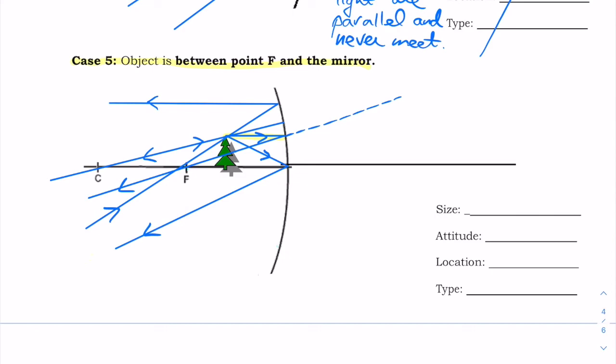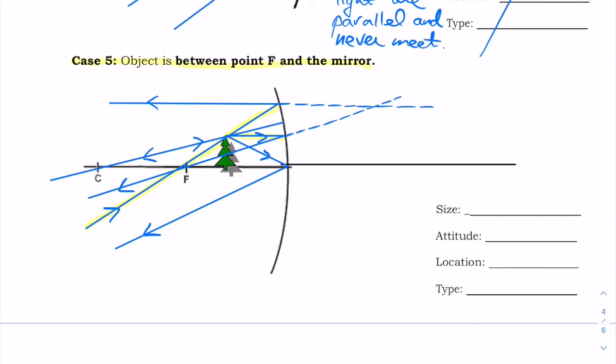The second ray of light that I drew was the one that passed through the focal point, reflected off the mirror, and came out parallel to the principal axis. Just draw a dotted line for the reflected ray of light behind like so. And you can already see that they're starting to converge somewhere on the right-hand side, but let's continue.